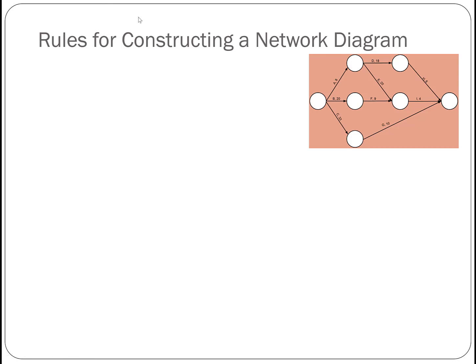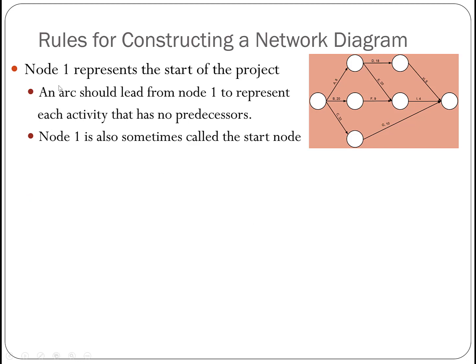Okay, next let's talk about a summary of the general rules that we use to construct a network diagram. First, node 1 represents the start of a project. So this node here is the start of the project.